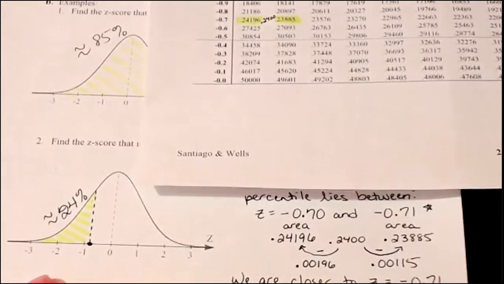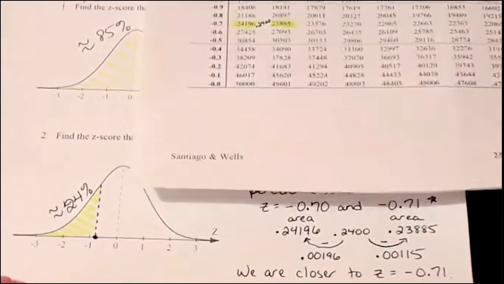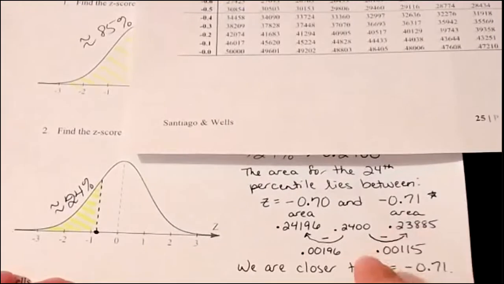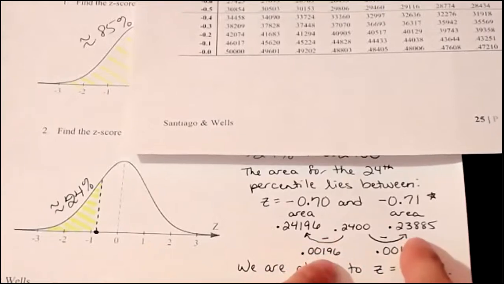So I subtracted to figure that out. Look at these two values. We have 0.00196 and 0.00115, right? This is a smaller value than this one. So we're closer to 0.23885.